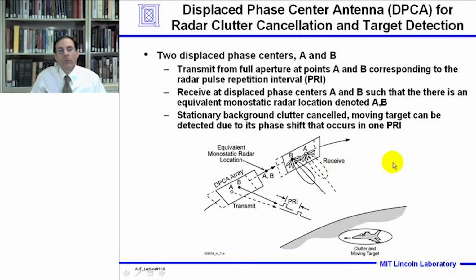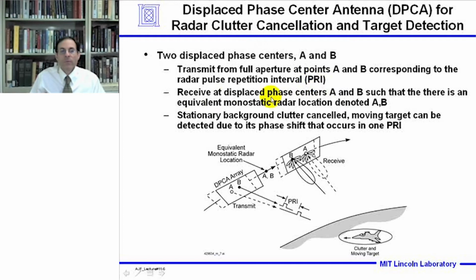Now in lecture 2 we described a DPCA radar clutter cancellation technique for radar target detection. So consider the diagram shown here. We have a moving DPCA platform, we have a moving target over the Earth's surface, and we have fixed clutter. There are two displaced phase centers, A and B, and what we would do is transmit from the full aperture at points A and B corresponding to the radar pulse repetition interval, or the PRI.